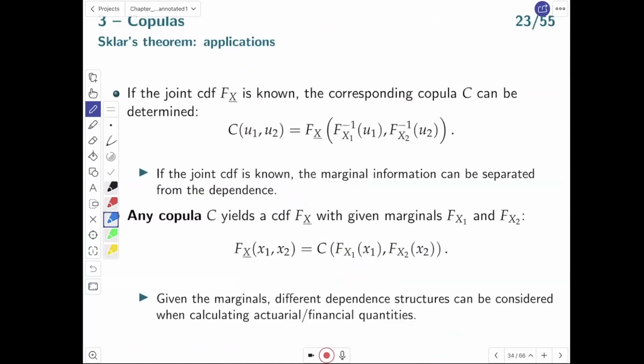Okay, so there are two ways we can use Sklar's theorem. First of all, assume that you know the joint CDF. For example, what happens often, especially in financial applications, assume that you are a very experienced trader or modeler, then you can understand how the stock Apple is behaving.